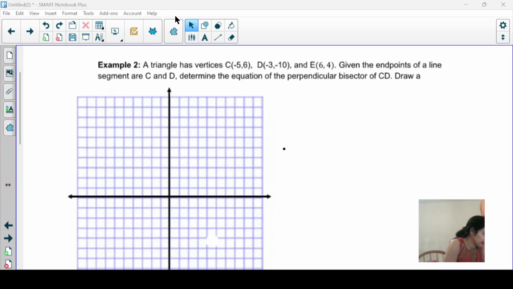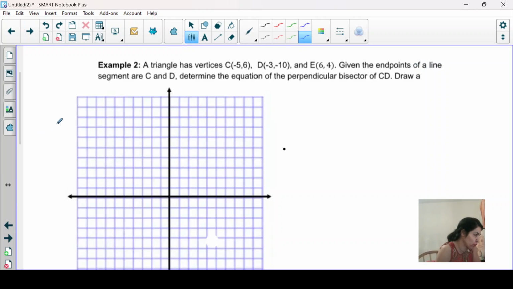Okay. Example 2. A triangle has a vertex, given the endpoint of a line. We are going to show that C is x negative 5, y 6: 1 2 3 4 5, negative 5, and y is 6: 1 2 3 4 5 6. So it's going to be this point.